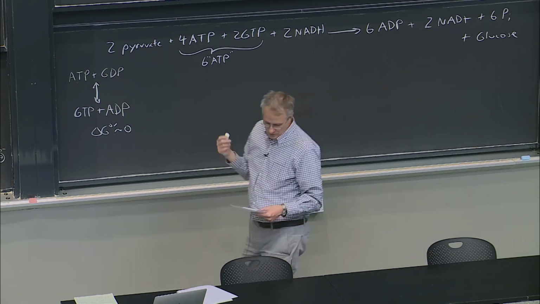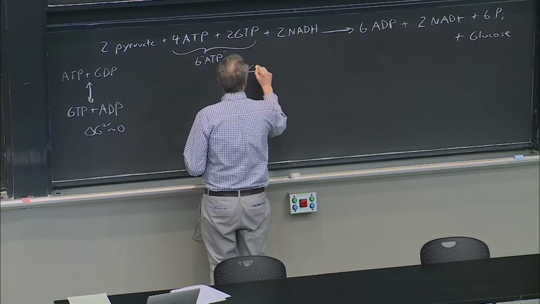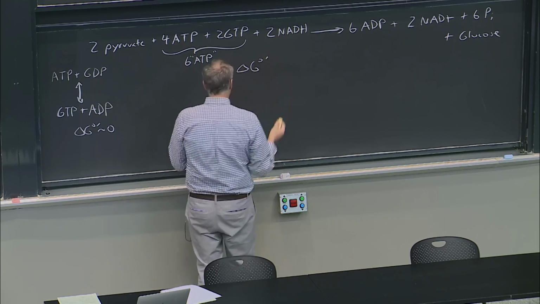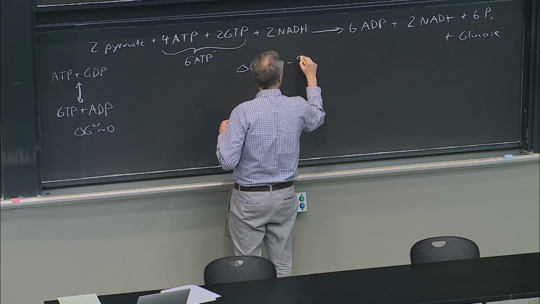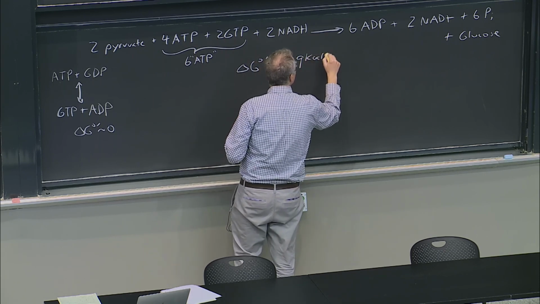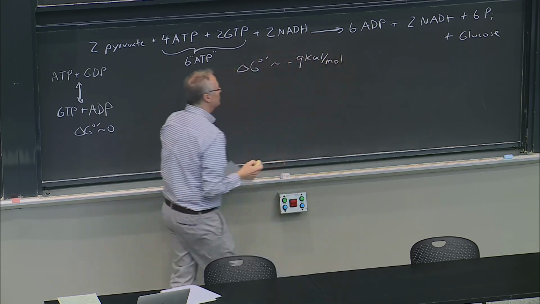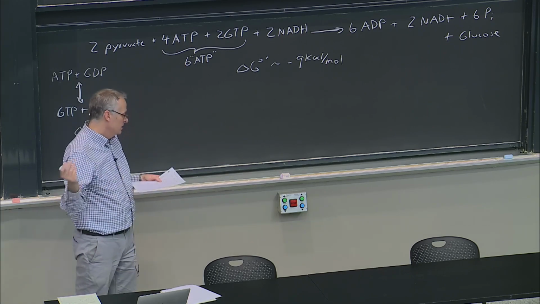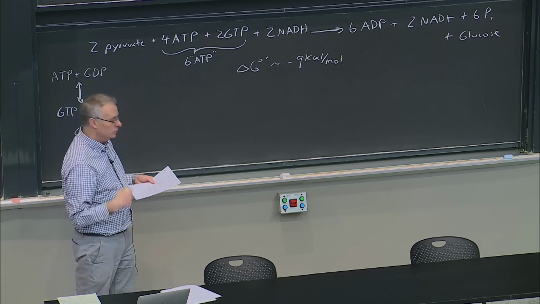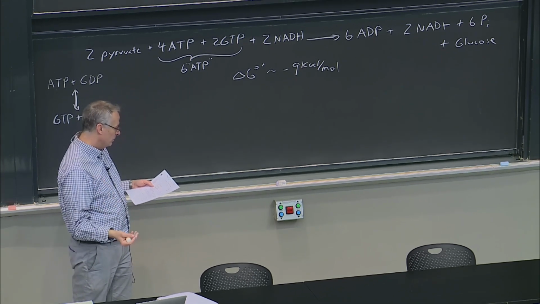The delta G naught prime for this entire coupled pathway is on the order of -9 kcal per mole. The delta G is less than 0, equilibrium lies to the right. Net synthesis of glucose is favorable.